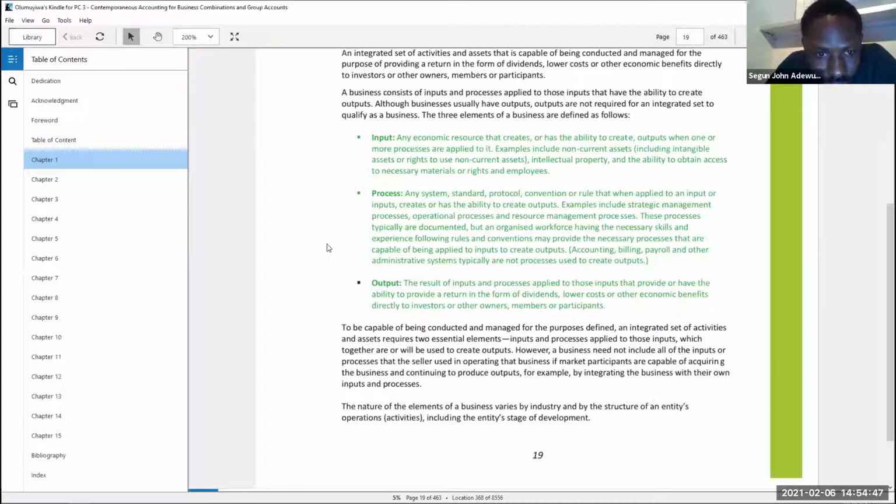These processes typically are documented, but an organized workforce having the necessary skills and experience following rules and conventions may provide necessary processes that are capable of being applied to inputs to create output. Accounting, billing, payroll, and other administrative systems typically are not processes used to create outputs.